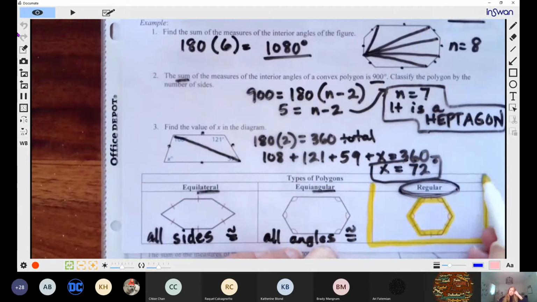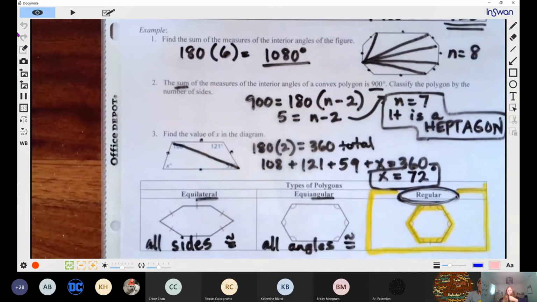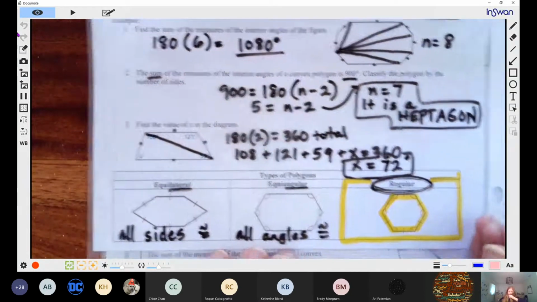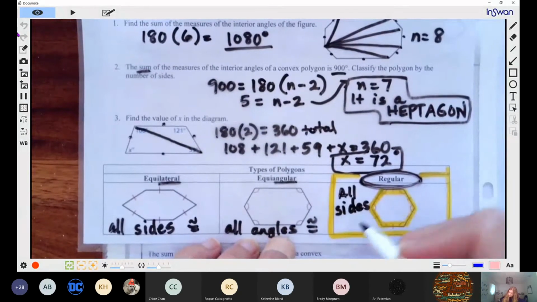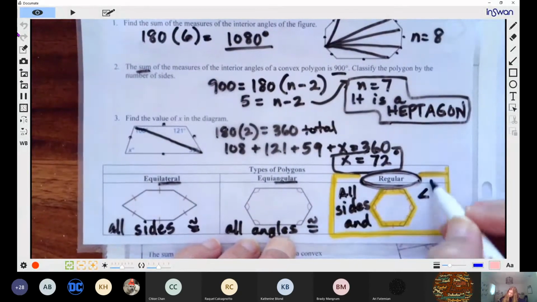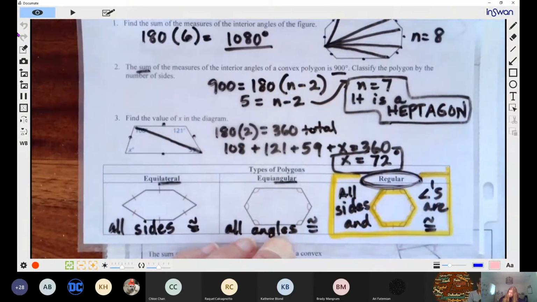Everything is the same. Any regular polygon has both sides and angles, so all sides and angles are congruent. That means regular. If you see that word regular, bam.